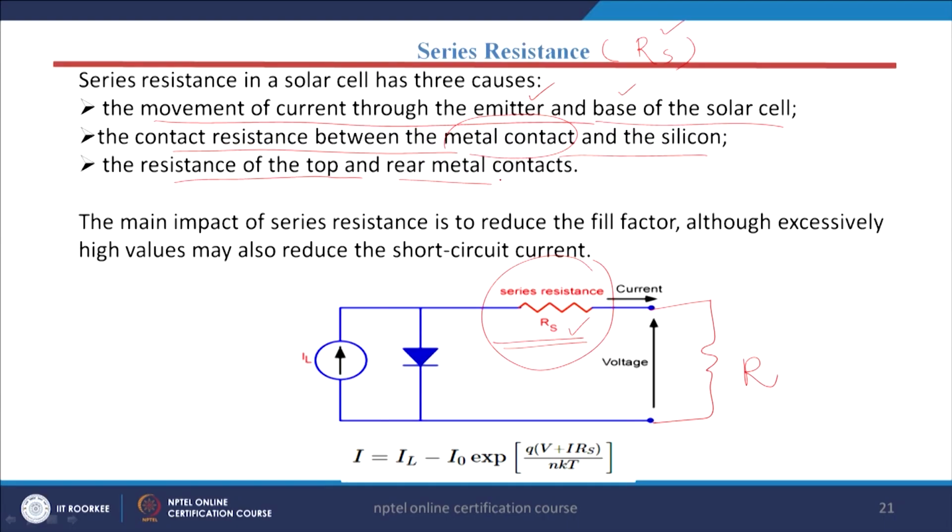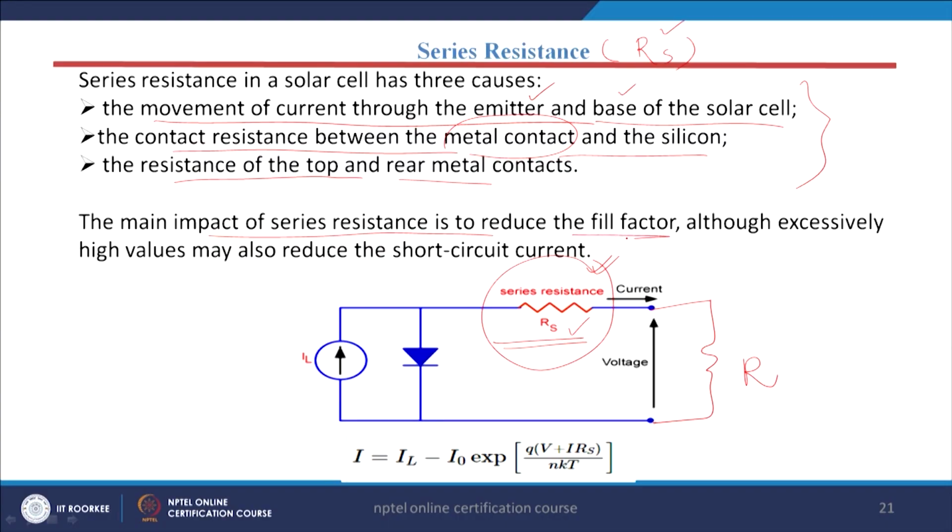And the third one is the resistance of the top and rear metal contacts. On the top we have a metal contact and below the solar cell we have one metal contact. Due to these two metal contacts, we also have this resistance. So, when all these three are combined, we have this series resistance.